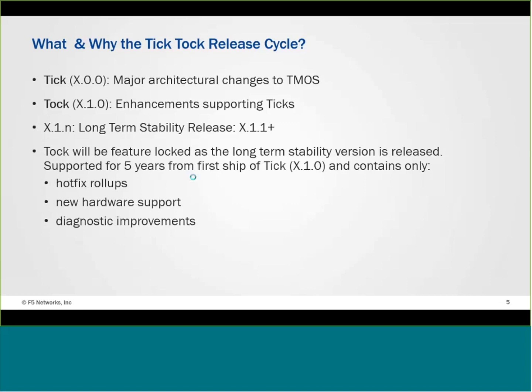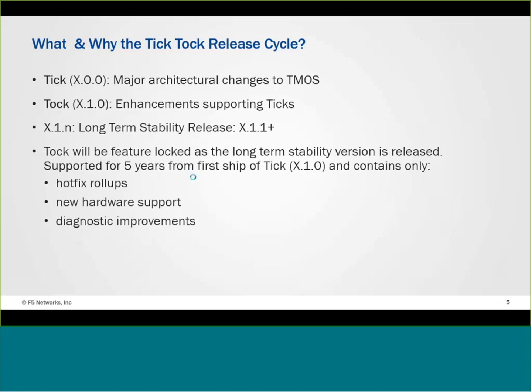So once we get to the maintenance phase with the release of the Tock, we then move to the next phase, which is the long-term stability phase. Previously, this was known as the maintenance release. Now it's called the long-term stability release. This gives you a longer period of time of support, in which all that will be done by our product development team would be fixing customer-found defects.